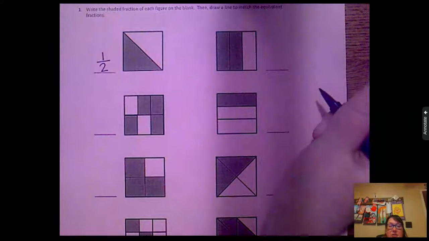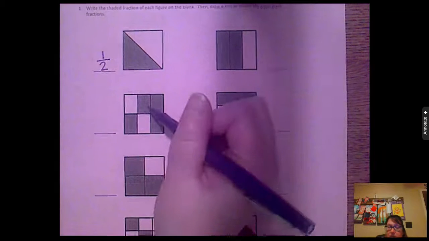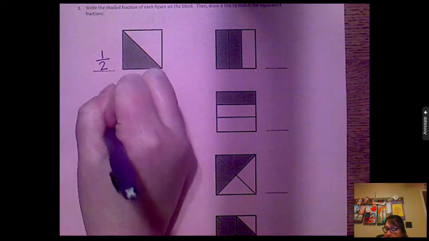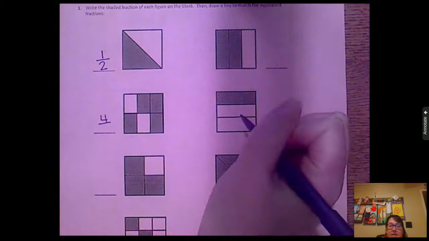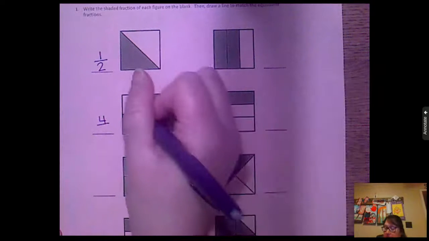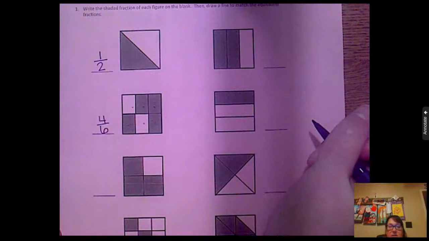So the fraction shaded there is 1/2. The next one, the numerator, is your number of pieces that are shaded, and we have 1, 2, 3, 4 that are shaded. Our denominator, the number down on the bottom, is the total number of pieces, and there's 1, 2, 3, 4, 5, 6. So 6 is my denominator, and the fraction shaded there is 4/6.